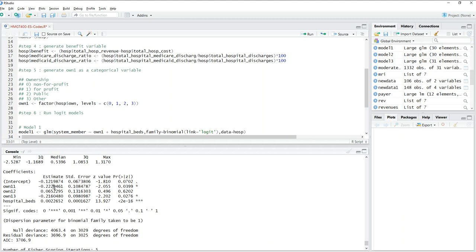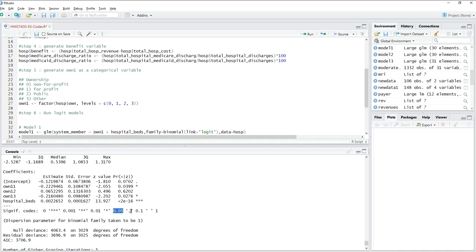So basically the ownership coefficient is minus 0.2229, and the p-value is less than 5%. There's an asterisk here, so this is significant. Based on this guideline, one asterisk does mean it is significant at 5%.